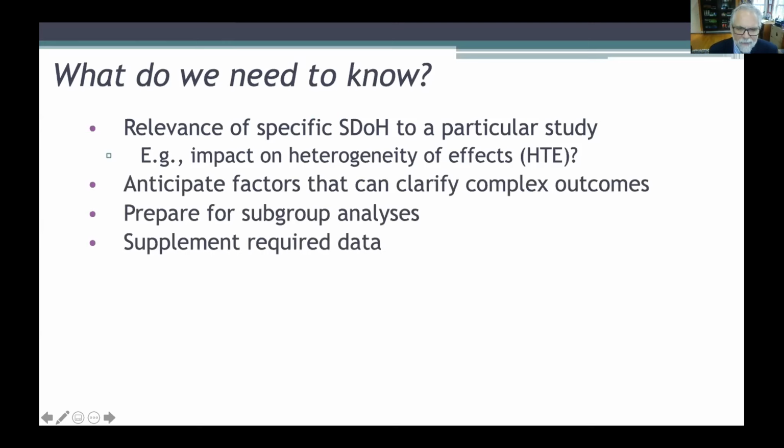And it's very useful when you're choosing what you need to know to anticipate factors that can clarify complex outcomes, like knowing in advance from preliminary work what sort of social determinants or other demographic or other types of variables we expect will be able to clarify outcomes such as heterogeneity of treatment effects, and then collecting them in a parsimonious way to prepare for subgroup analyses.